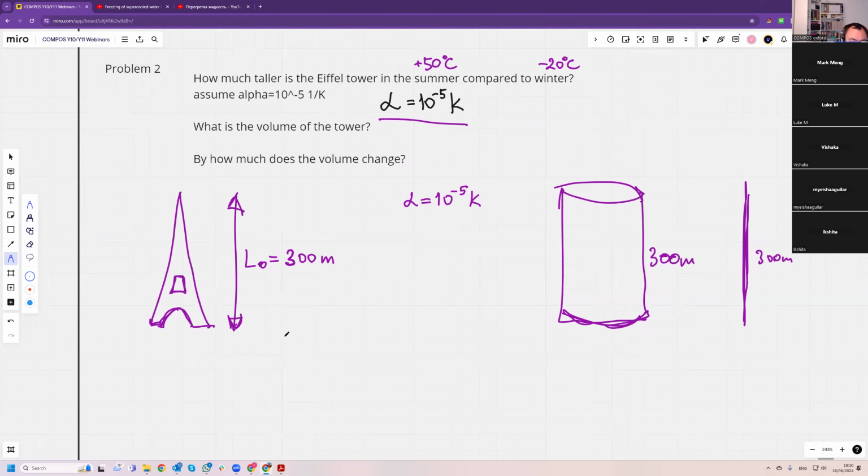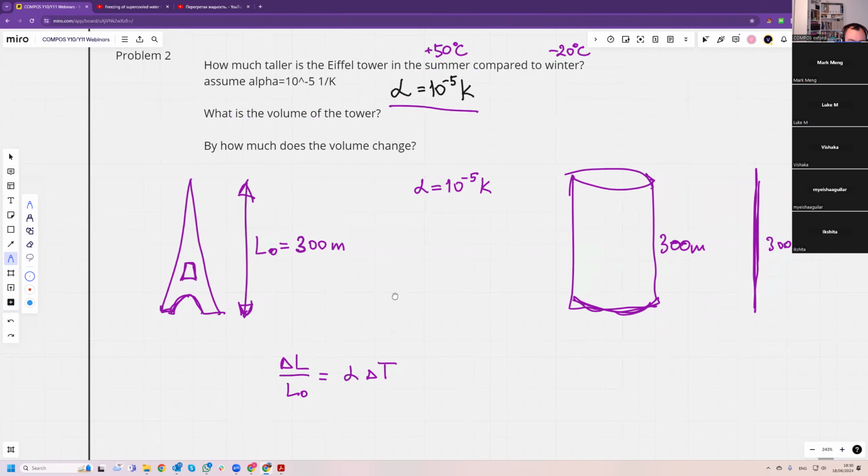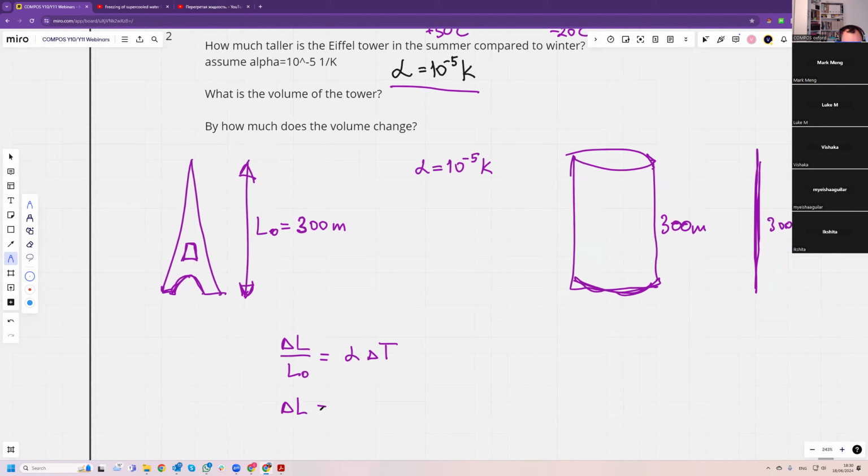Okay, so we have delta L, the change in length, divided by L0, the original length, which is alpha multiplied by the change in temperature. So we can work out the increase in length. Delta L is L0 alpha delta T. That's 300 meters, multiplied by 10 to the minus 5, multiplied by the change in temperature, which is 70 degrees Celsius.